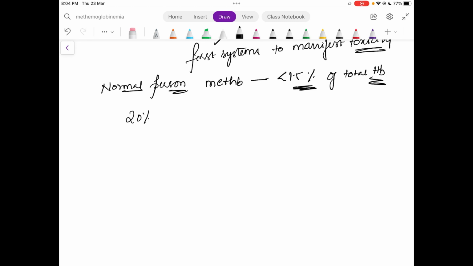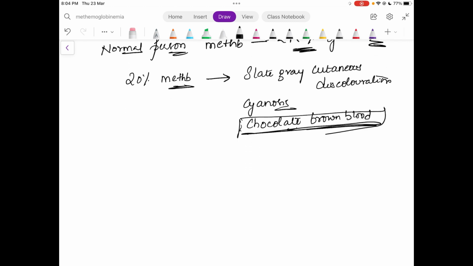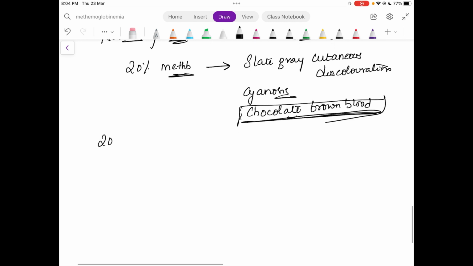And if a patient is having 20% methemoglobin, then the patient will have slate gray cutaneous discoloration, cyanosis, that is bluish discoloration of skin, and if you see the blood, it will be chocolate brown in color. This is an important sign.